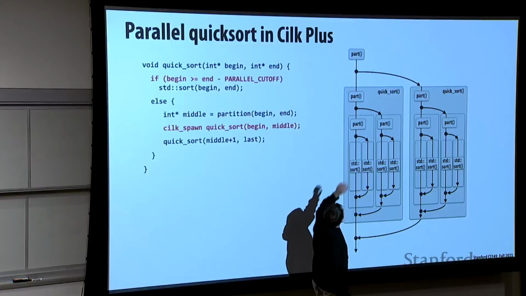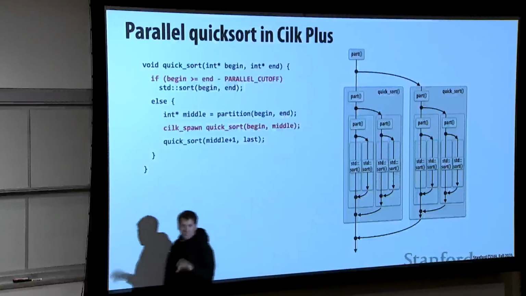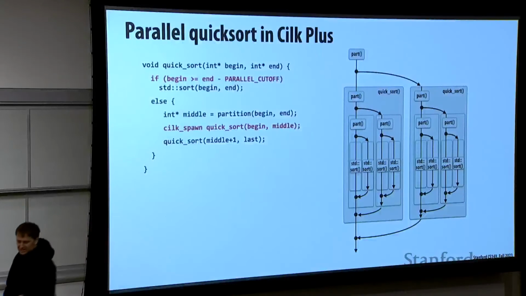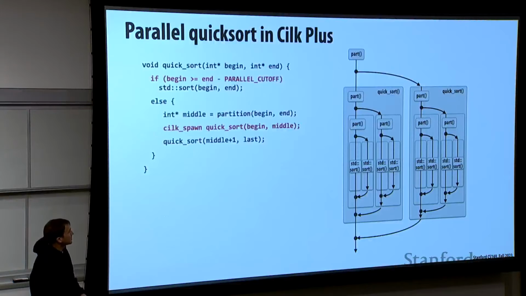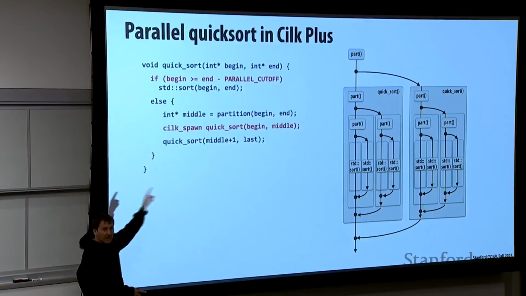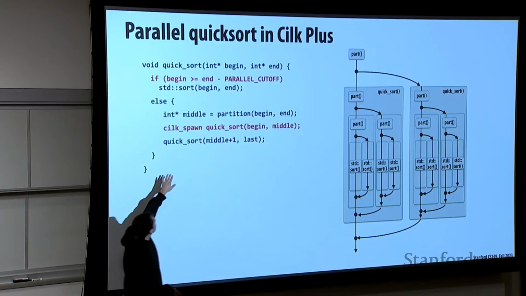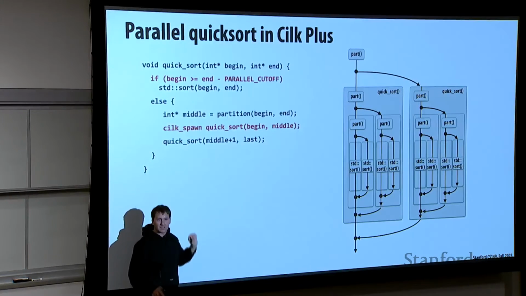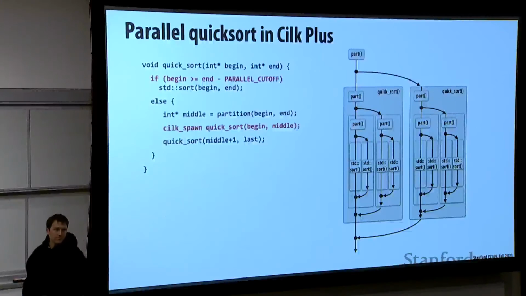Now look to see if you can confirm that this is correct. We start with the main thread. The main thread runs partition, which is a normal C function. Based on the partition, it spawns parallel work. So that's the edge off to the right. And then it calls Quicksort recursively on the current thread of control. I could have spawned both of them, but I just decided to do one of them on the main thread.